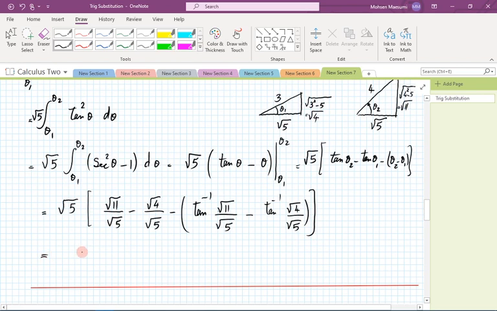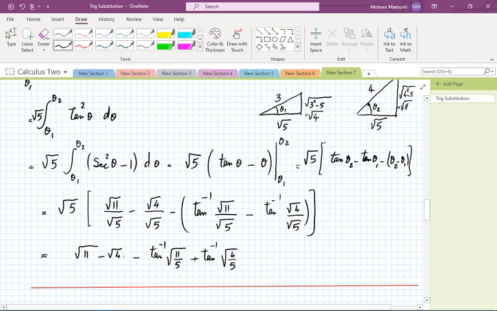If you want to clean it up a bit, radical 5 cancels in the denominator, so radical 11 minus radical 4 minus, here we don't have much simplification, write it like this maybe. In this case 4 accidentally comes out of the radical, but in general it just stays there.